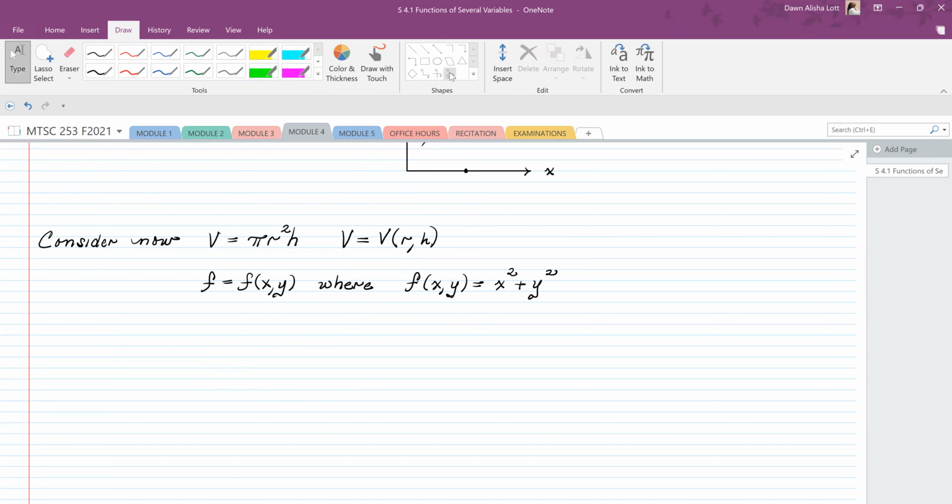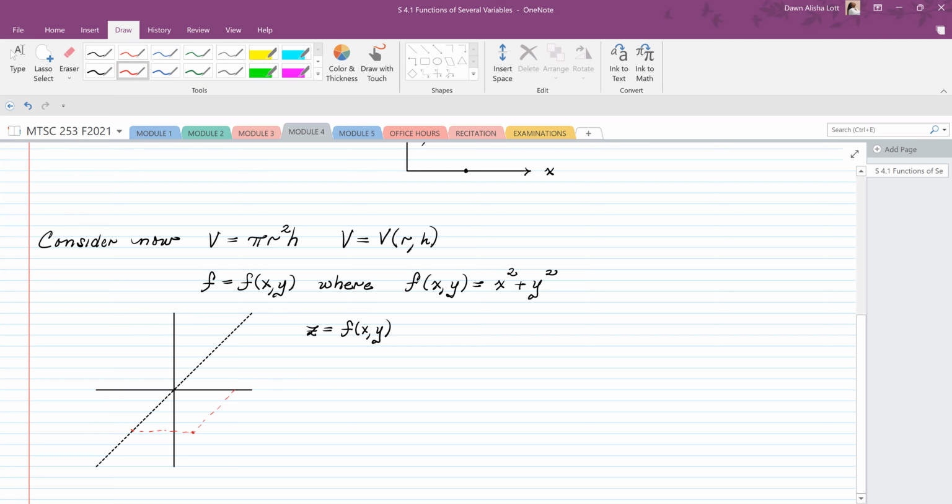So functions of two variables are easy to draw. A function of two variables, z equal to f of xy, is easy to draw because I define whatever my function is. I go locate my point in the x direction, then find my point in the y direction.